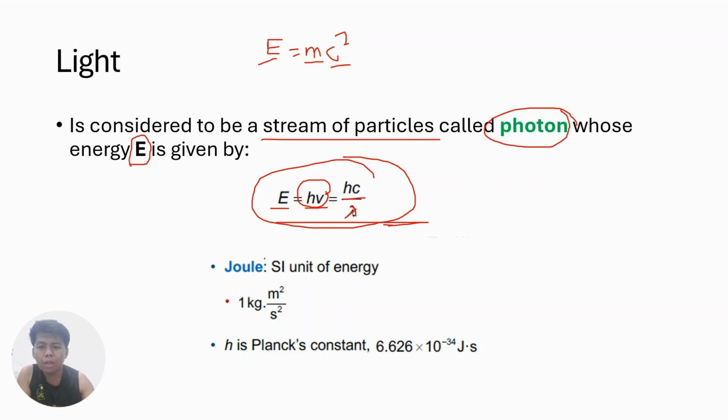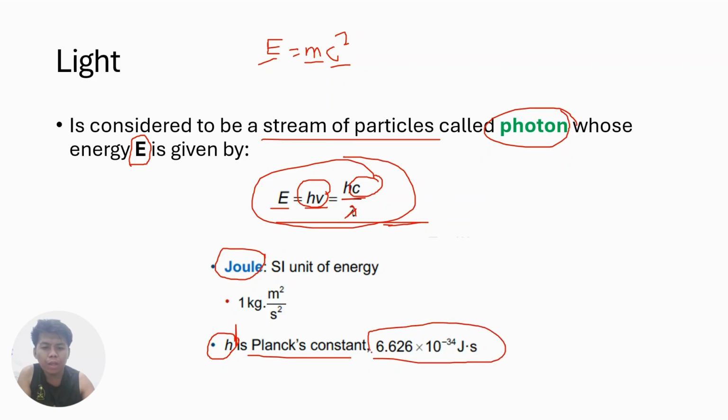The unit for energy, take note, is joule. This is the SI unit, or expressed as one kilogram meter times meters per second over second squared. Take note that in our constant, the constant is the speed of light, which I mentioned earlier. h is the Planck's constant, which is expressed as 6.626 times 10 raised to the power of negative 34 joule-seconds.